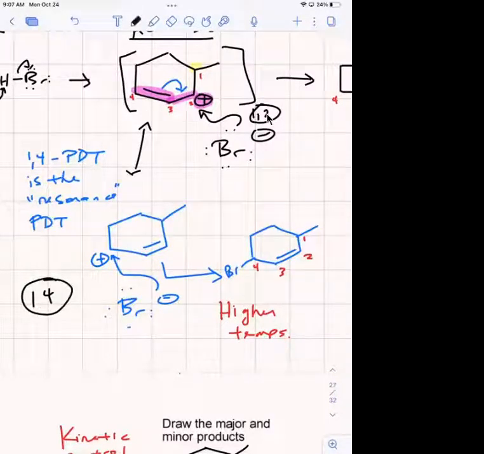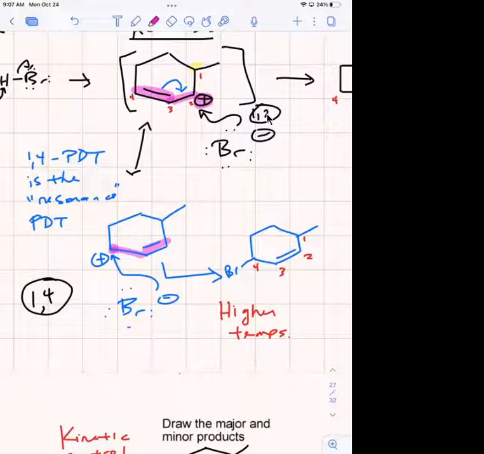The way we talked about it, it attacks the resonance form of that allylic cation, which is still an allylic cation, where the plus charge is here and the alkene is here. So those are your two product pathways.